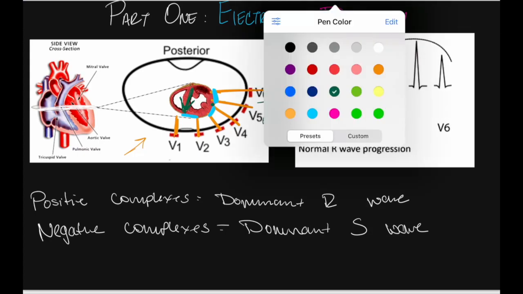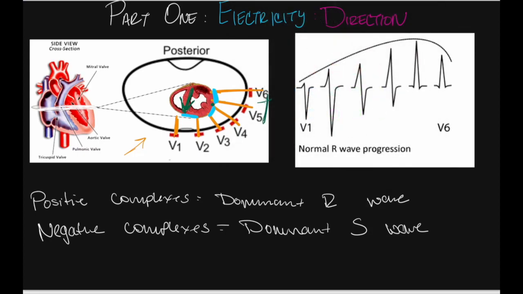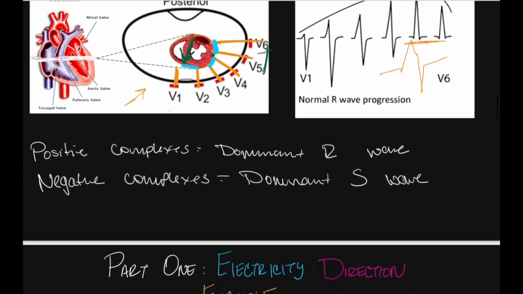Well, we can reason that since the electrical vector is now headed towards V1, V2, we might see an increase in their R wave in those leads. Or we might start to see a decrease in R wave in the lateral leads. And we might even see an increase in the S wave in those lateral leads as well. Let's have a look.